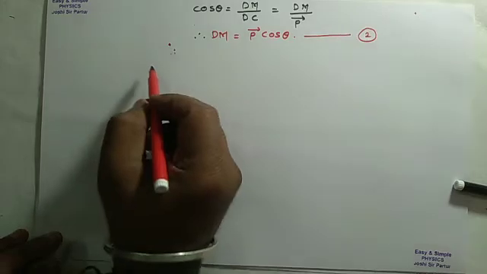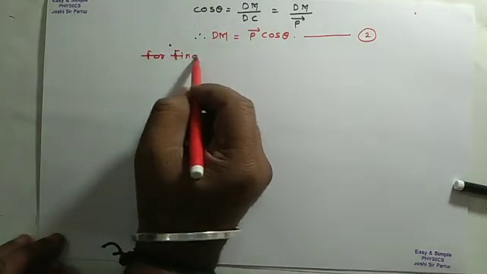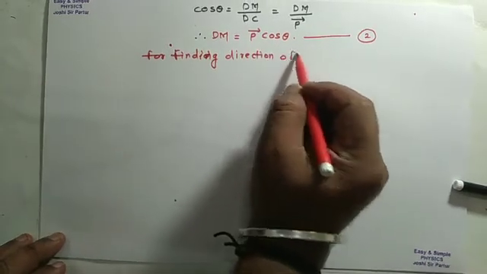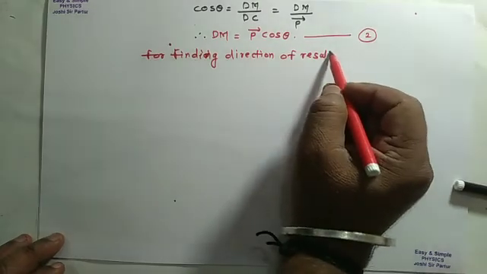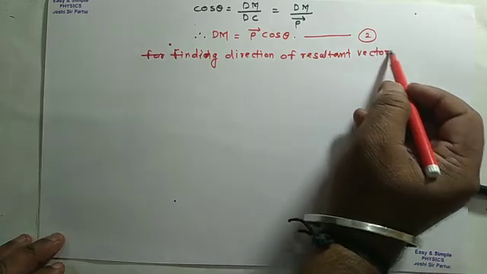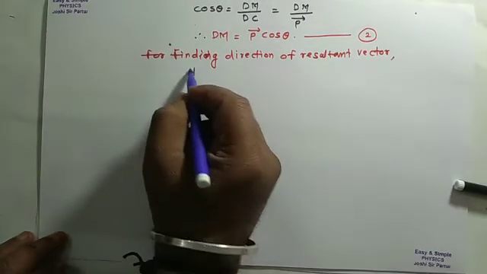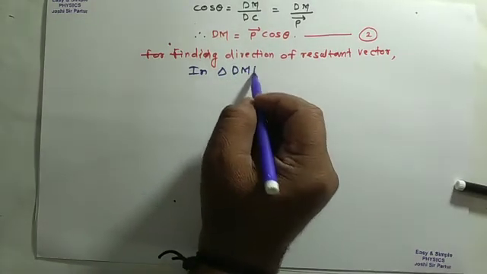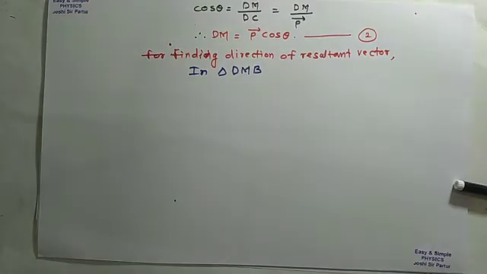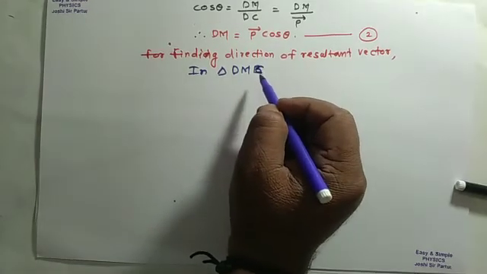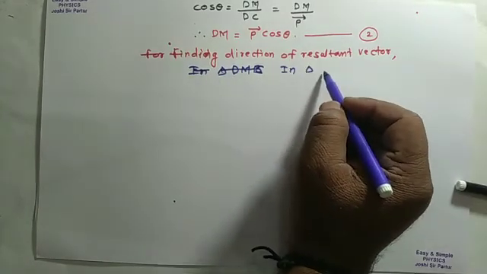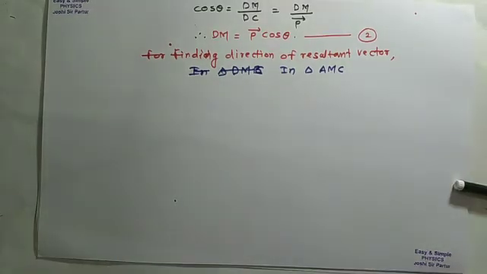We can find the direction. For finding the direction of the resultant vector in triangle AMC, what happened?